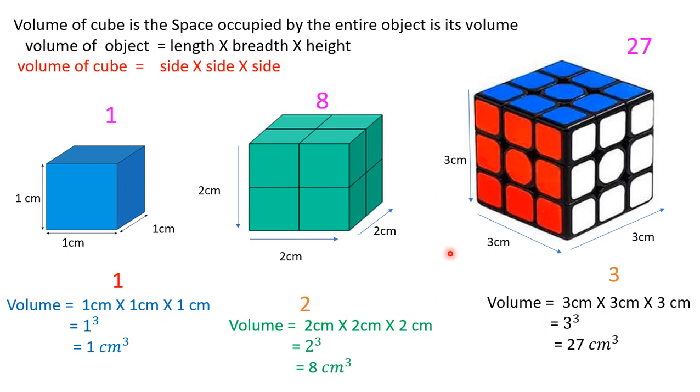Are you able to arrange the 20 small cubes in such a way that the figure you form will have the length, breadth and height the same? Can you do this? When you arrange the 20 cubes, do you get length, breadth and height the same? The answer is no.